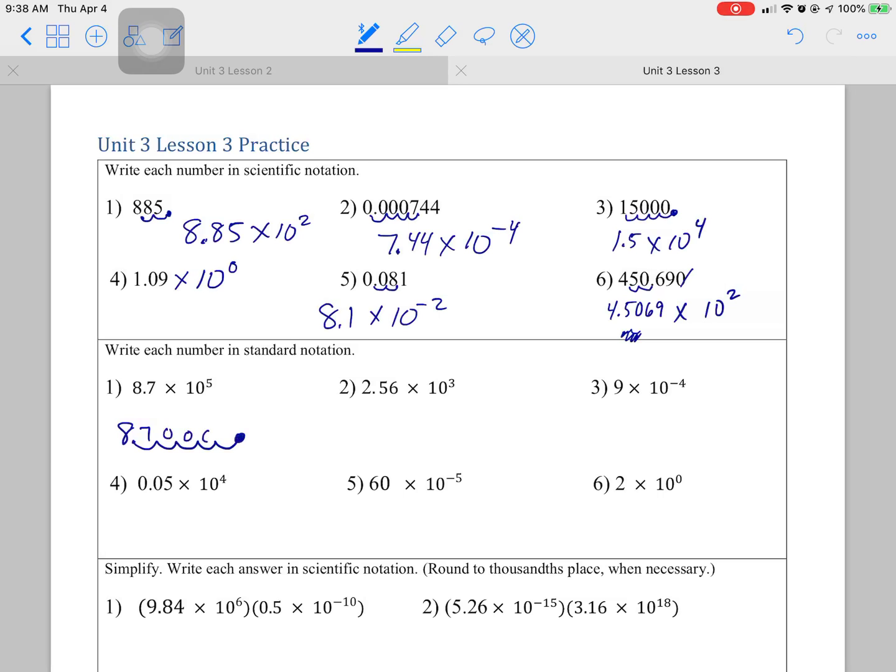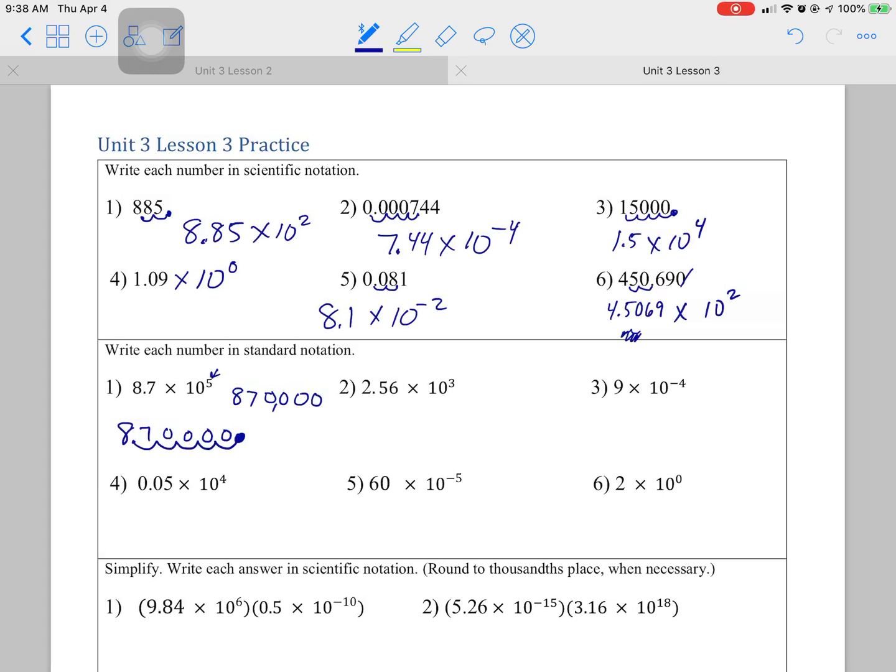Just fill in the humps there, and I kind of like to rewrite it. 8700. There's 4 zeros in there, and put a comma right there. So 8.7 turns into 87,000 with 4 zeros.